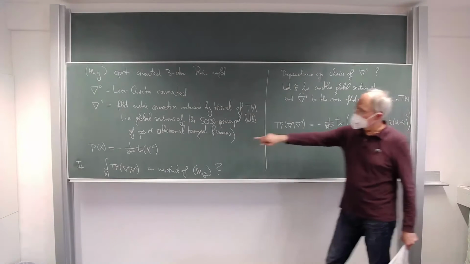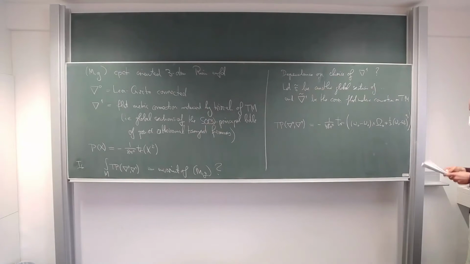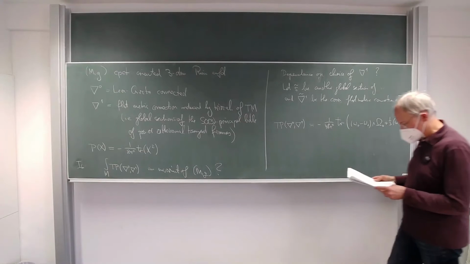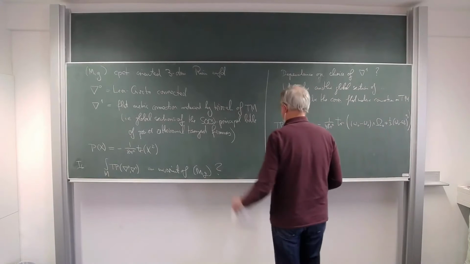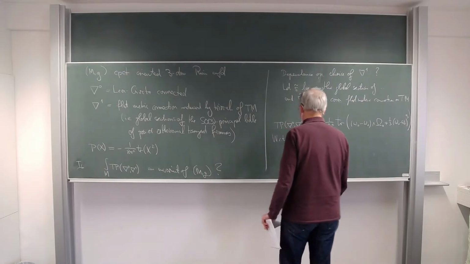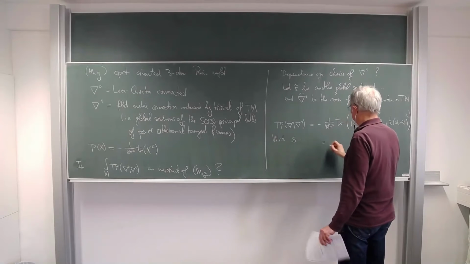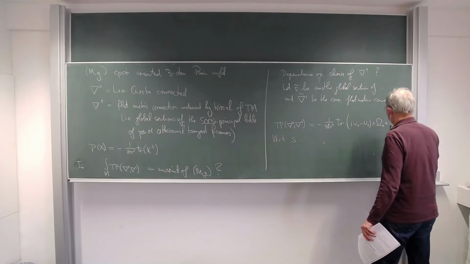Because with respect to the induced connection, these sections are parallel. Okay, so let me do the computation with respect to S. So with respect to S, this simplifies because the little omega 1 disappears.